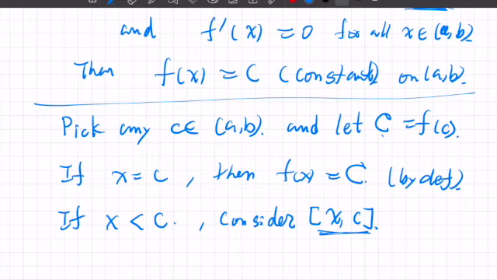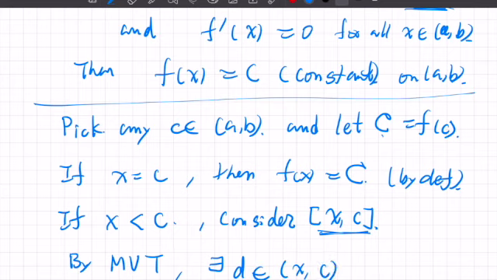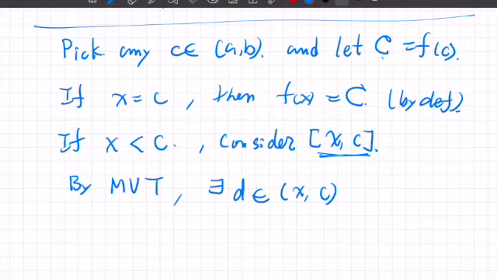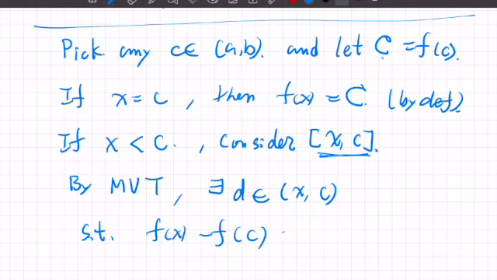So by the mean value theorem, there exists some d between x and c such that f of x minus f of c is equal to f prime of d times x minus c.